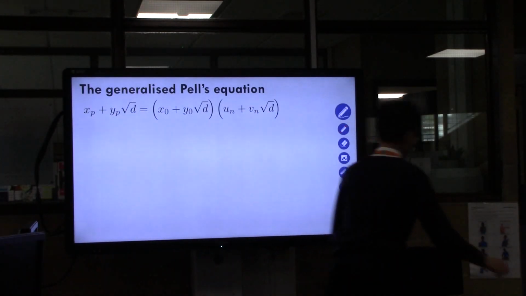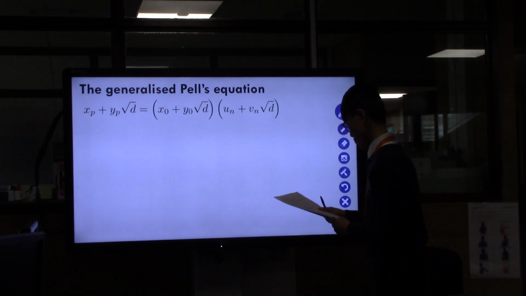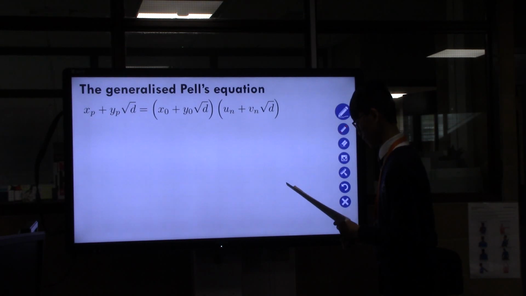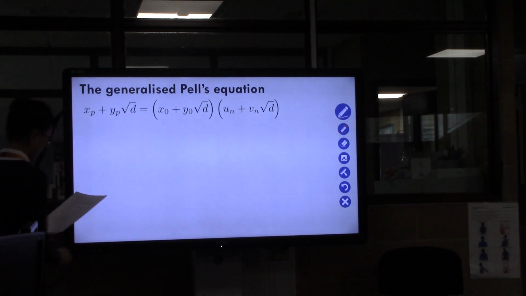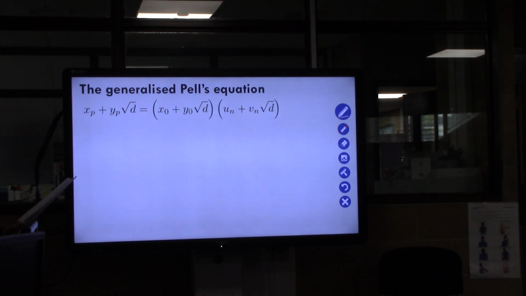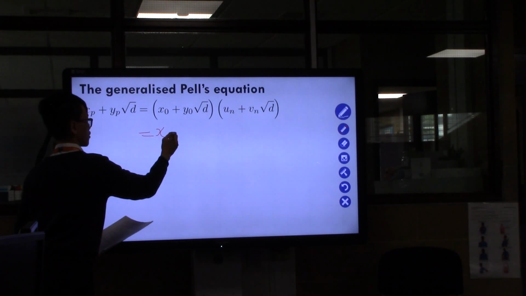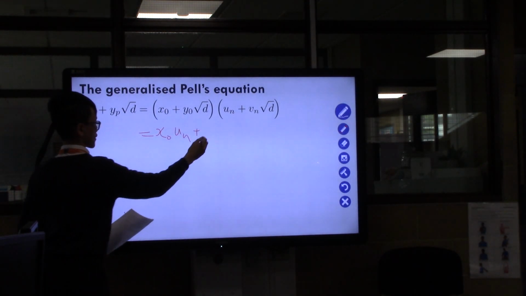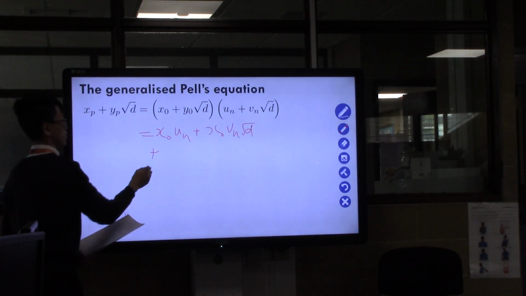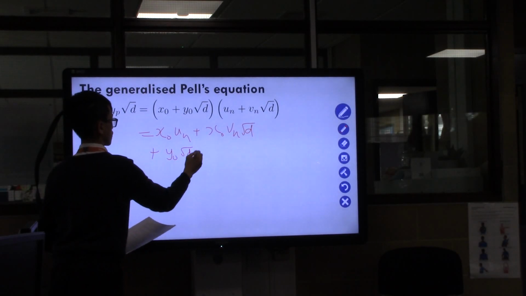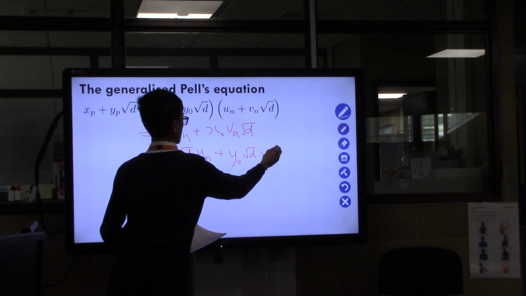Here we can expand this right hand side. We would get x0 un plus x0 vn root d plus y0 root d un plus y0 root d times vn root d.